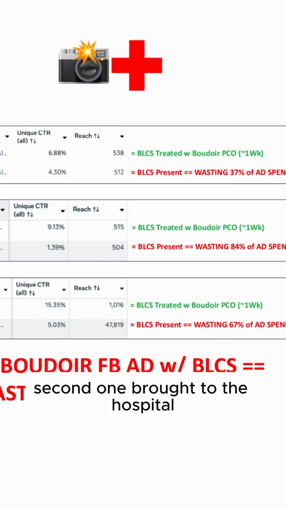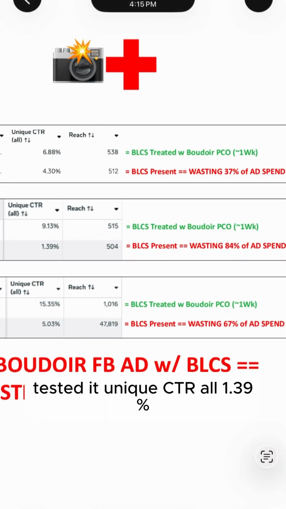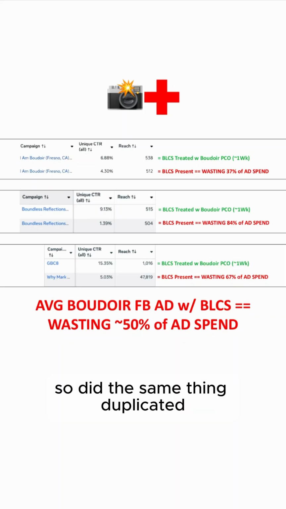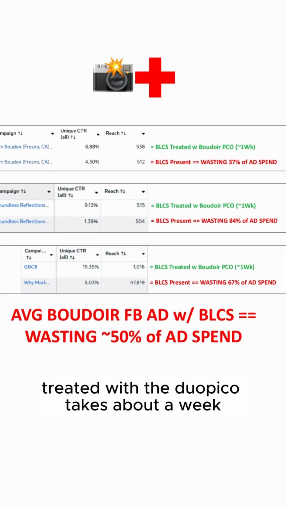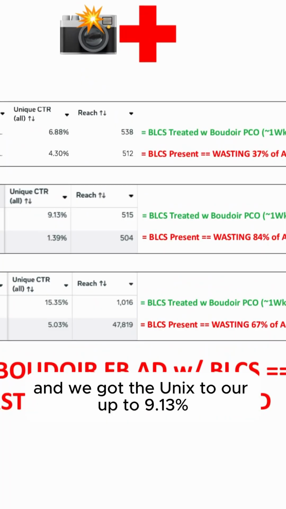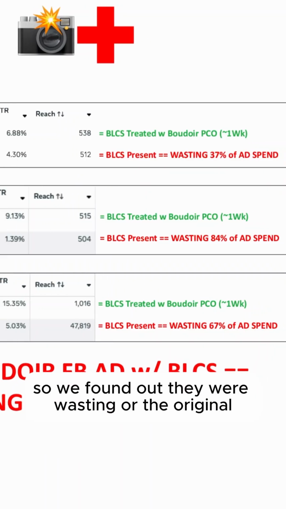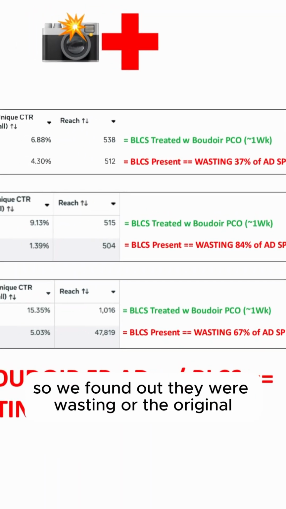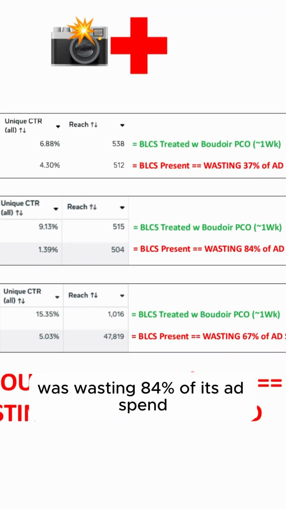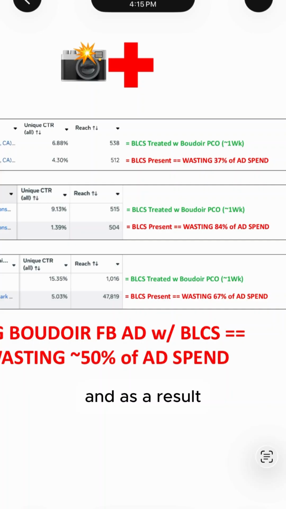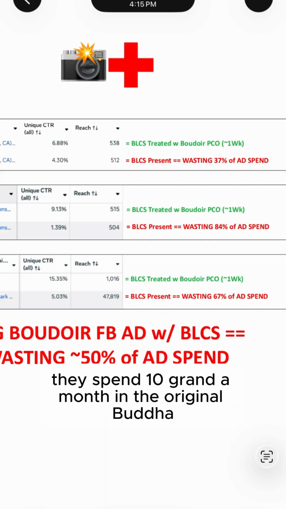Second one, brought it to the hospital, tested it, unique CTR 1.39%. So we know that BLCS is present. Did the same thing, duplicated it, treated it with Boudoir Pico, takes about a week, and we got the unique CTR up to 9.13%. So we found out the original was wasting 84% of its ad spend. They spend 10 grand a month on the original Boudoir Facebook ad.